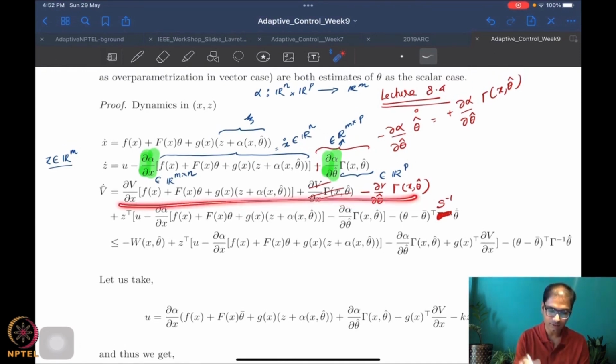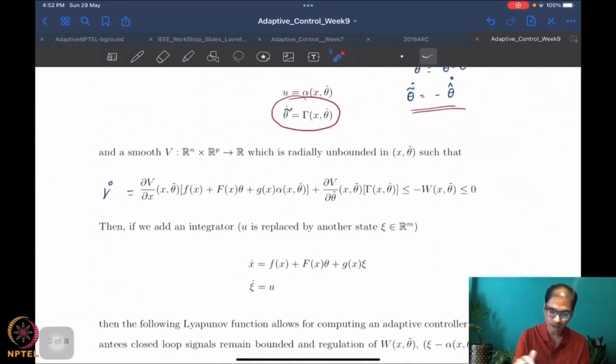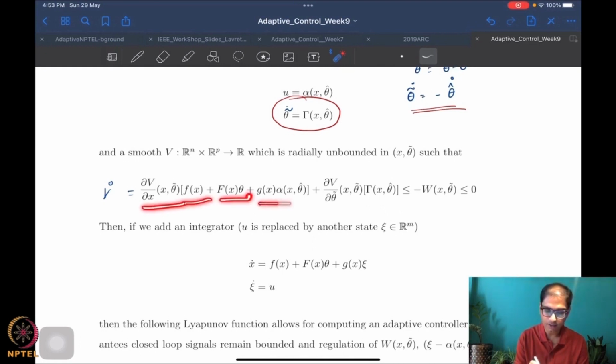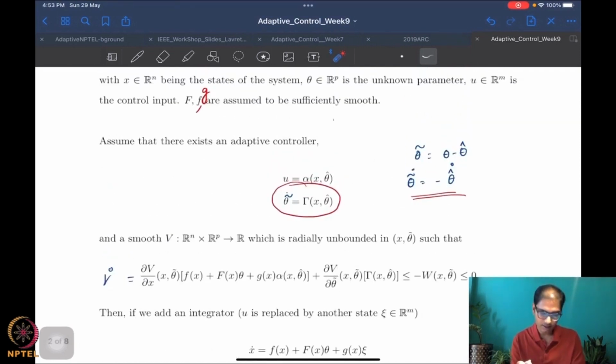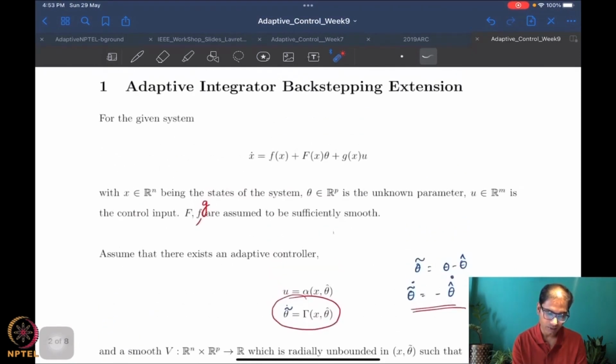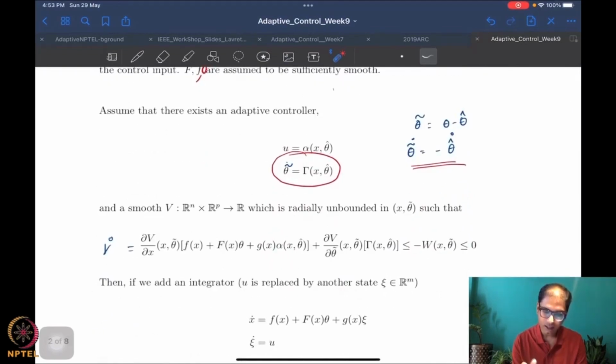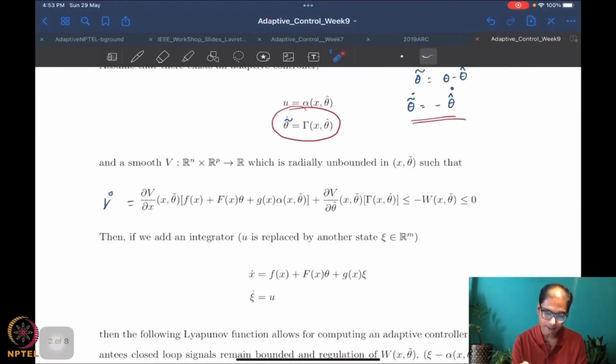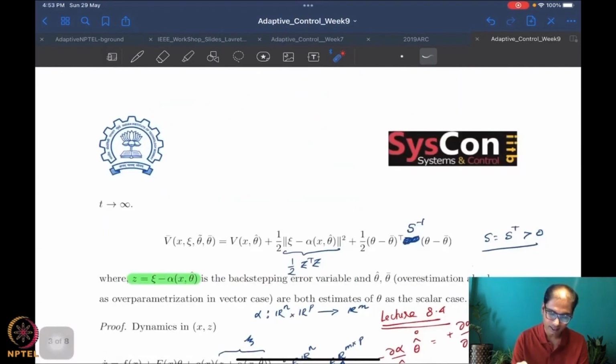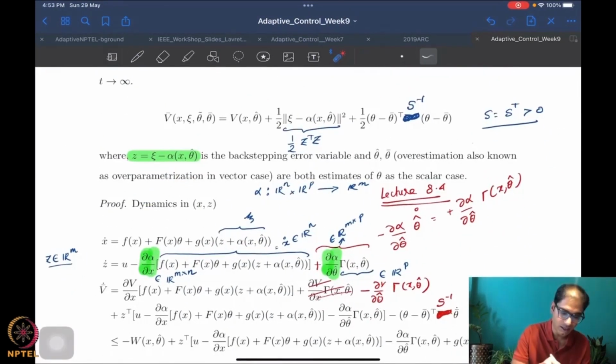If you look at this carefully, I already know a few things. I know that V dot from the previous case, when there was no integrator, has del v del x fx plus cap fx theta plus gx alpha and del v del theta tilde. I see. So here it is written as a function of theta tilde. I'm sorry, this has gotten messy. This is actually v was a function of x and theta tilde. So this was a mistake here.